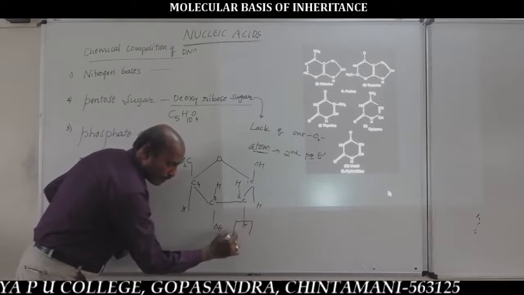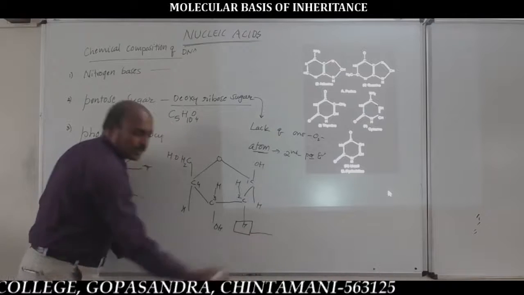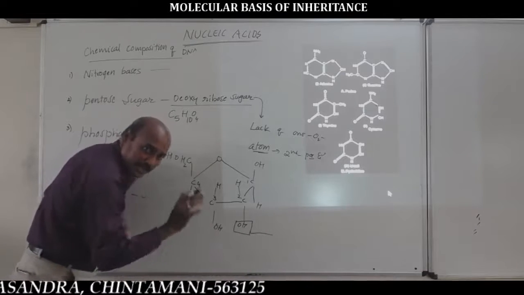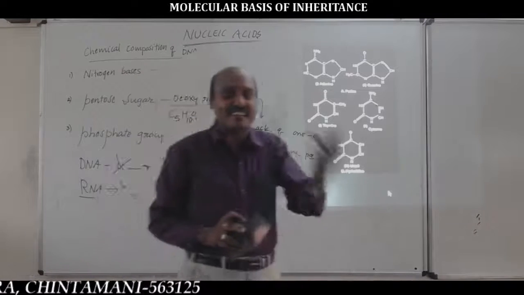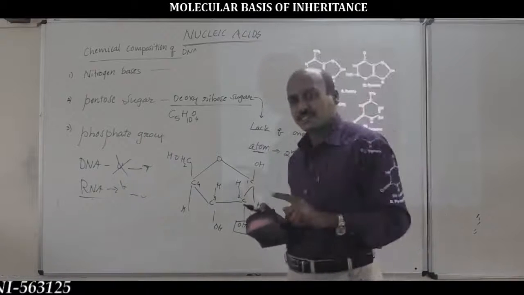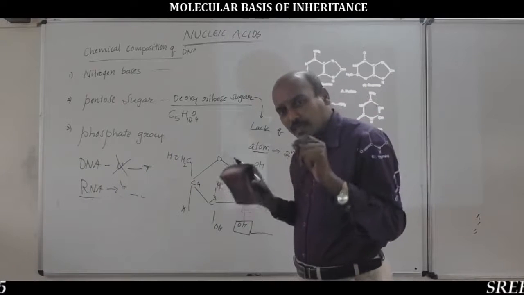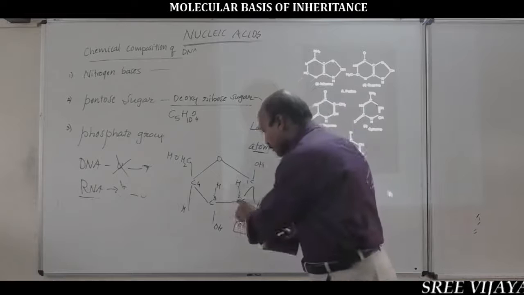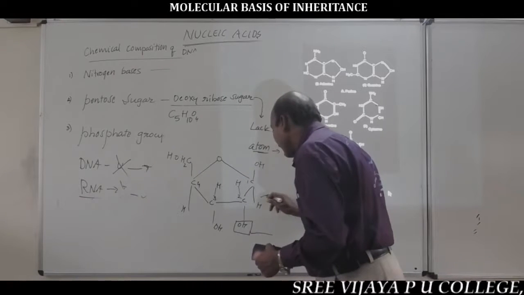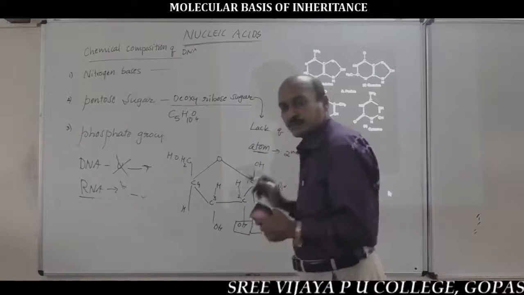So the presence or absence of the oxygen atom decides the type of pentose sugar present in the nucleic acids. If there is an oxygen atom at the second carbon position, the sugar is named the RNA sugar, ribose sugar.